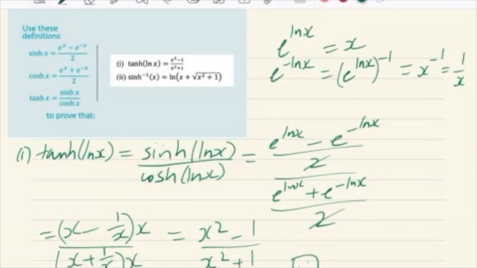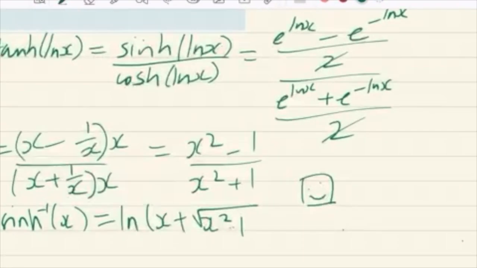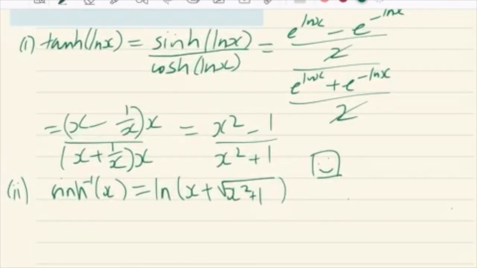Okay, so we do number 2 now. This one looks maybe even a bit more gross, but again, it's not too bad. Okay, so we'll take hyperbolic sine on both sides.